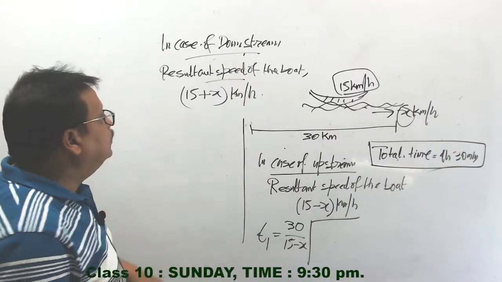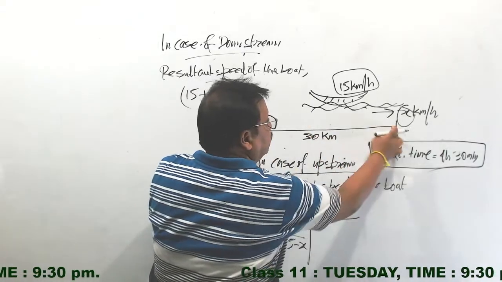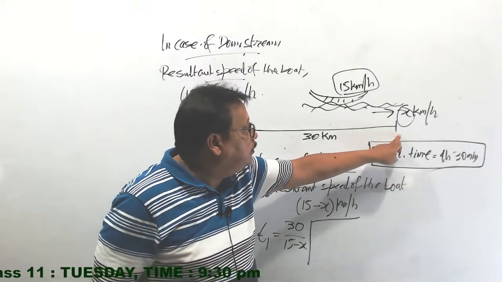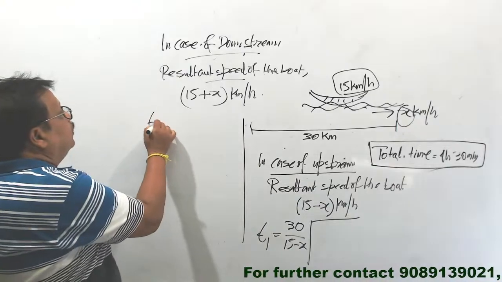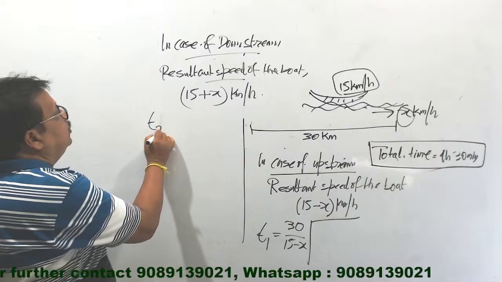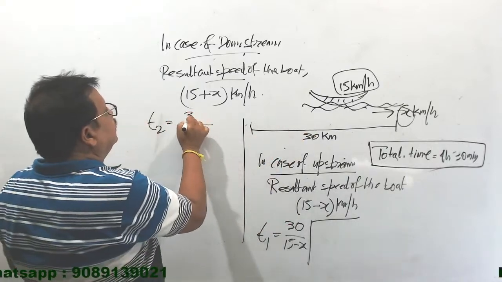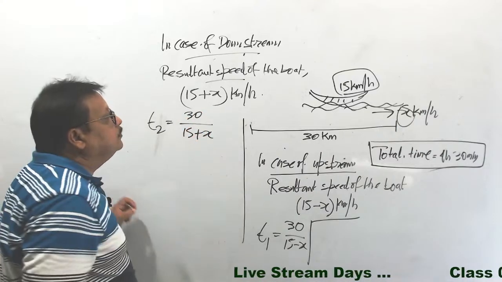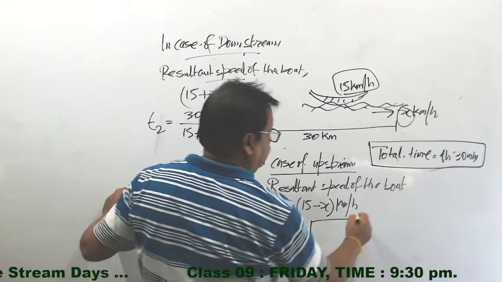So what will be the time taken, that is, when it comes back from here to here? This is the time taken from this place to this place. And the time for downstream, say T2, is equal to what? Same distance, 30 by 15 plus x hour. Actually, time will be in hour. Understood?